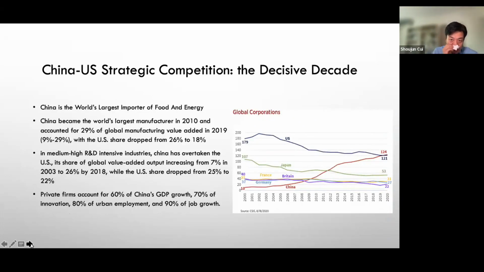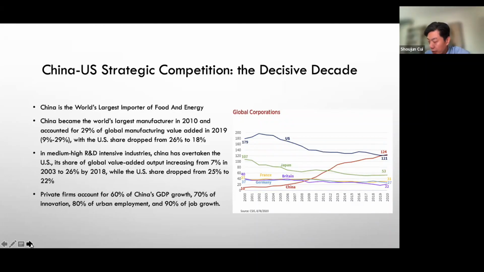And also, although China is the largest industrial entity, China imports a lot of food and energy. In terms of oil, 70% of China's consumed oil is imported, and more than 50% of natural gas is also imported, and China also imports coal.